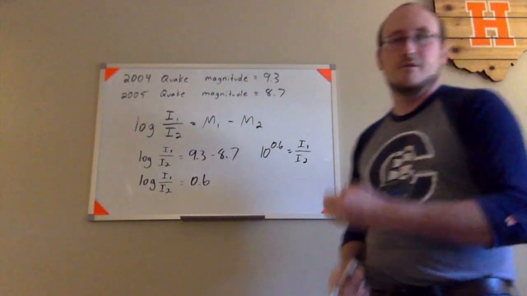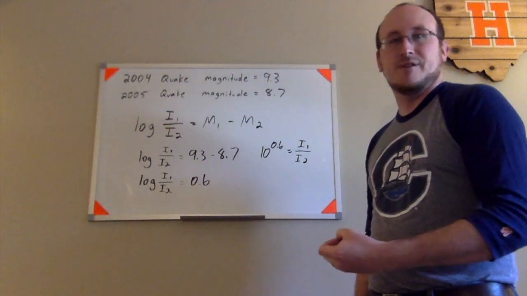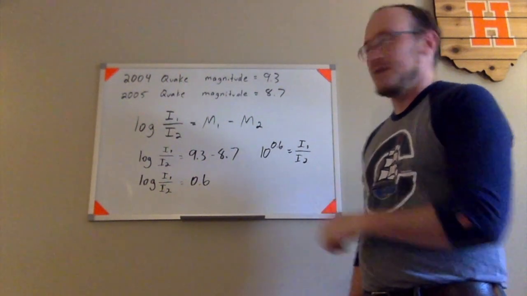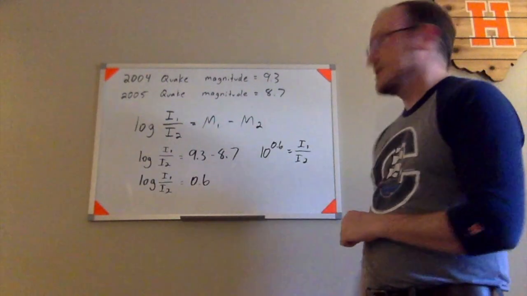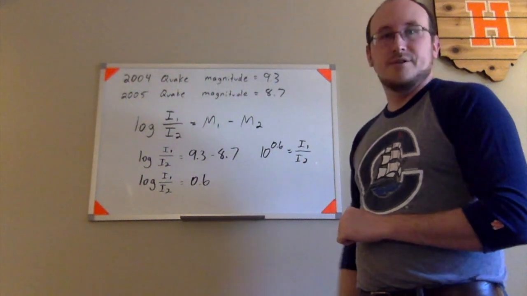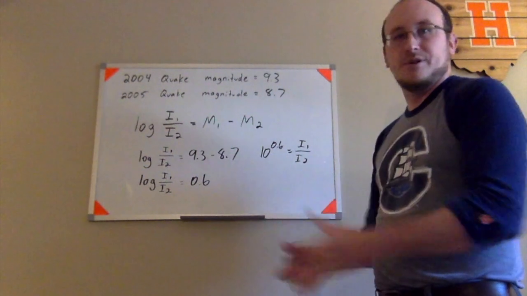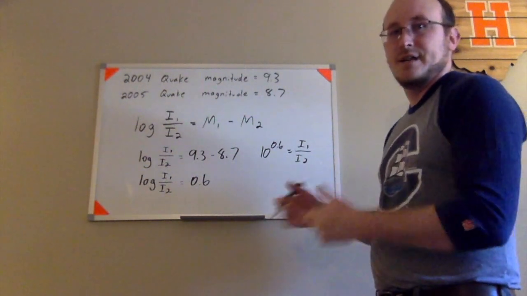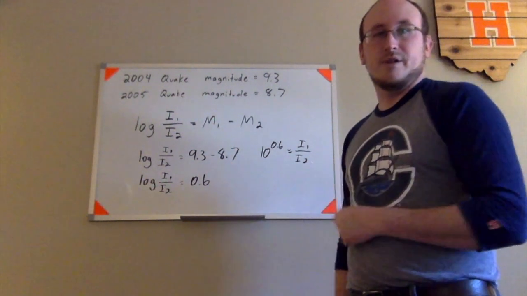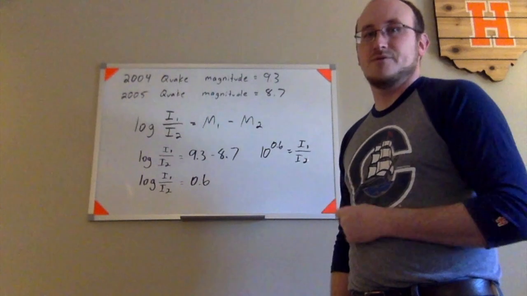So again, that ratio of the intensities is what's going to allow us to figure out how many times more intense this one earthquake is compared to the other. At this point, I'll just go to my calculator and compute 10 to the 0.6 power, and that will tell me how many times more intense the earthquake was that struck in December of 2004 compared to the earthquake that struck a few months later in March of 2005.